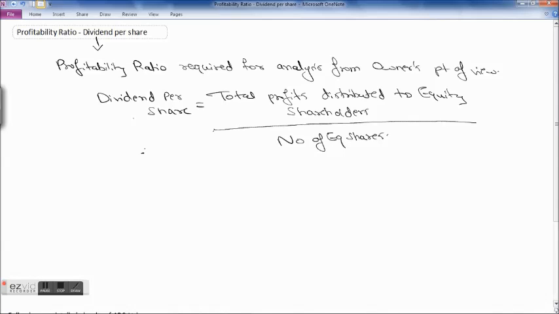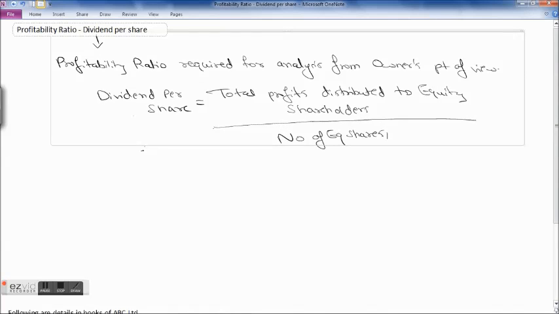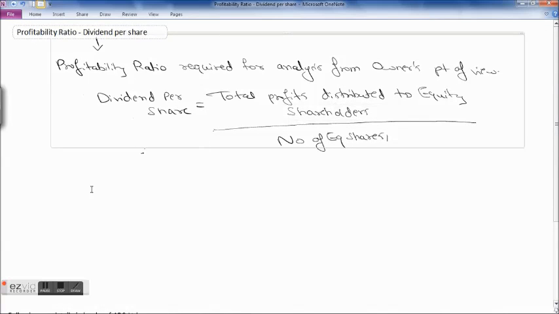That is why it is necessary to calculate the dividend per share received by equity shareholders. Now let's see one example and calculate dividend per share.